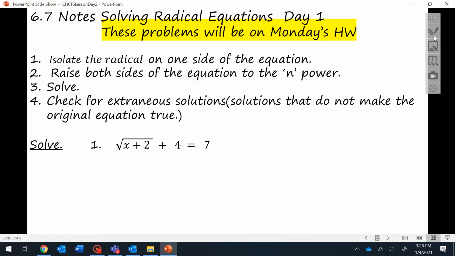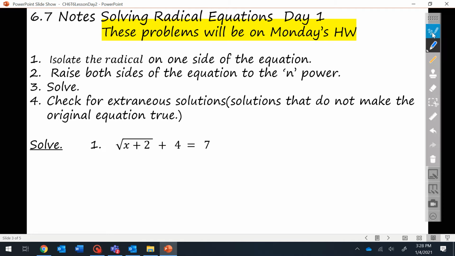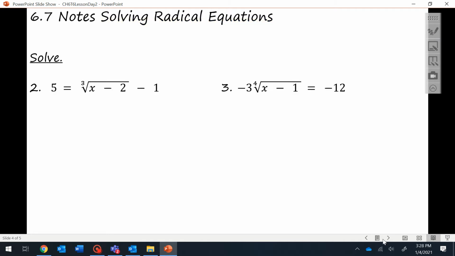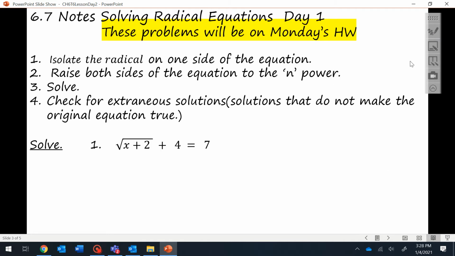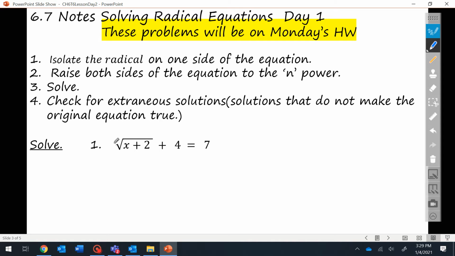So let's start with this first one, solving. Is it on the next page? No. Okay. Solving square root of x plus 2 minus 4 equals 7. Okay, so first we get that radical by itself. So plus 4. So we got square root of x plus 2 is equal to 3.